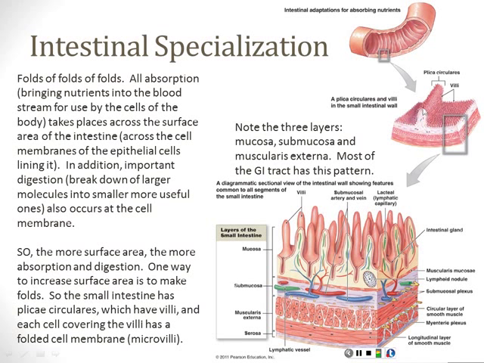And then lining the plica and the wall of the tube is this kind of carpet-like arrangement of villi, right? So here are the villi sticking up. And this whole region with the carpet here, that's the mucosa. Underneath it, the submucosa. And then underneath that, the muscularis externa. So our classic 4 regions of the small intestine. All right. So folds of folds of folds.